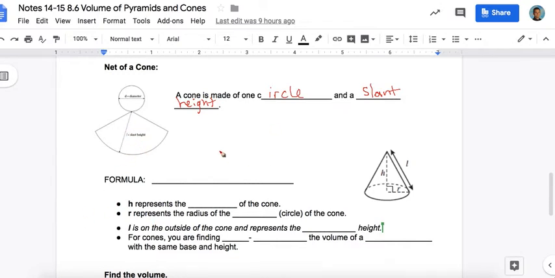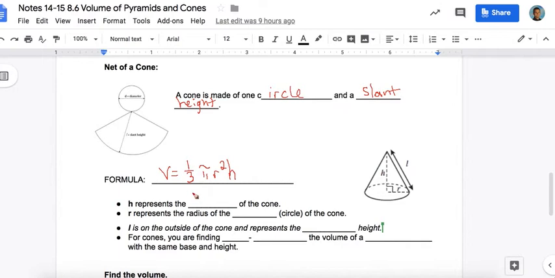Okay, the formula is going to look very familiar if you recall the cylinder formula. So it's 1/3, and we're going to talk about that 1/3 in just a second, times pi times radius squared times height. So if you look at this part right here, this is the volume formula for a cylinder. So why the 1/3? Because a cone is about 1/3 of an actual cylinder.